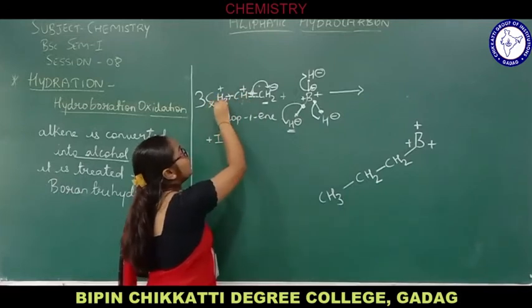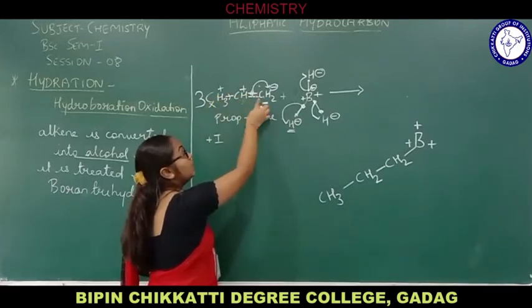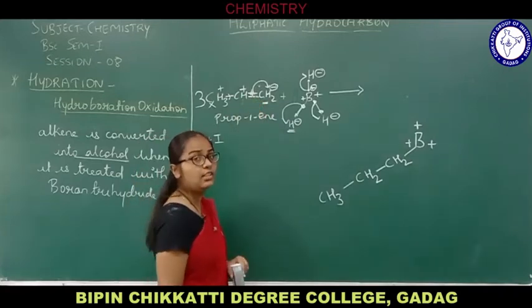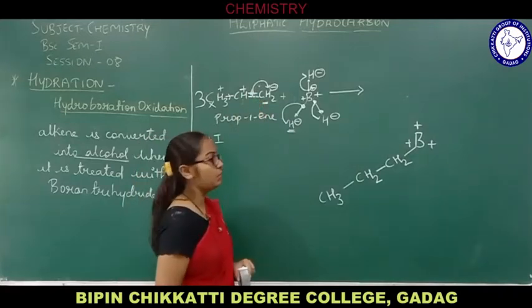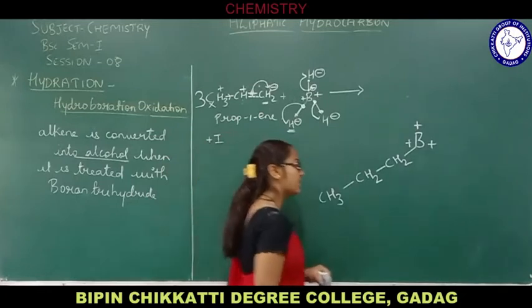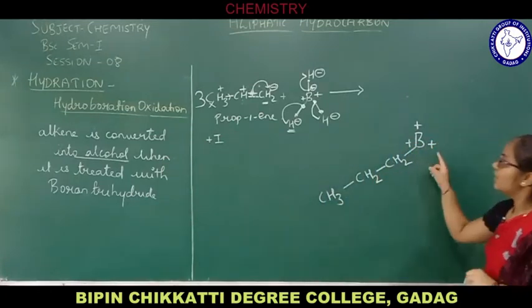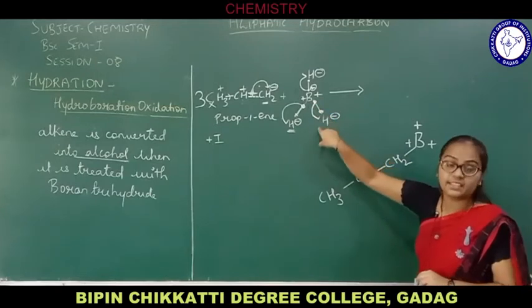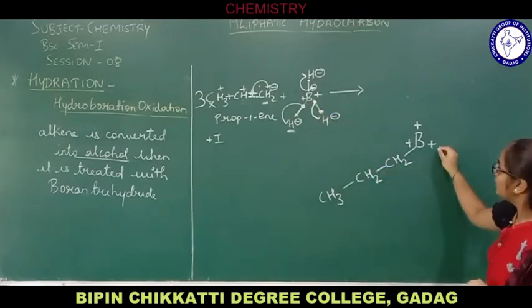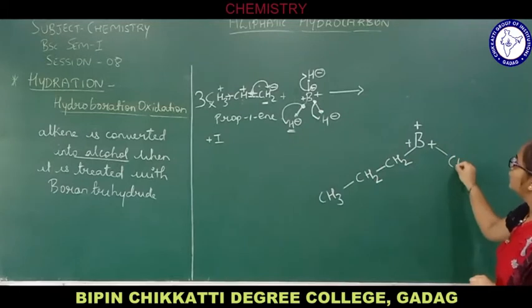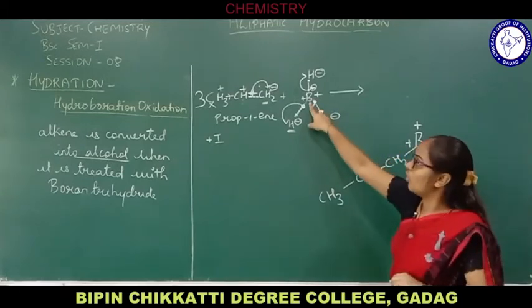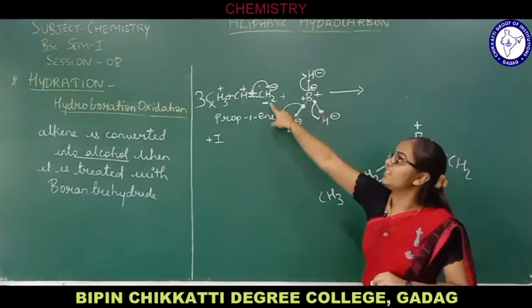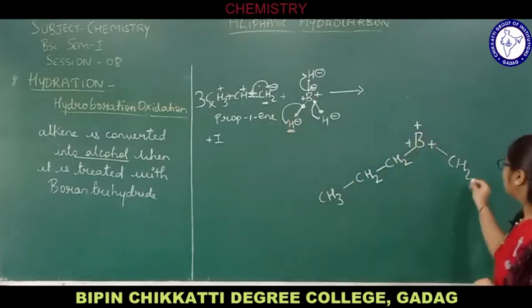Here the attachment won't take place, okay. The addition will take place on the two carbon-carbon doubly bonded, unsaturated atoms over there. So here also the same thing will happen in this second step. Here this positively charged boron will go and get attached to this negatively charged carbon atom, right.